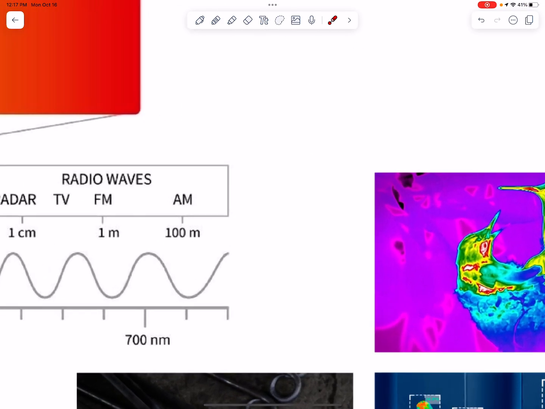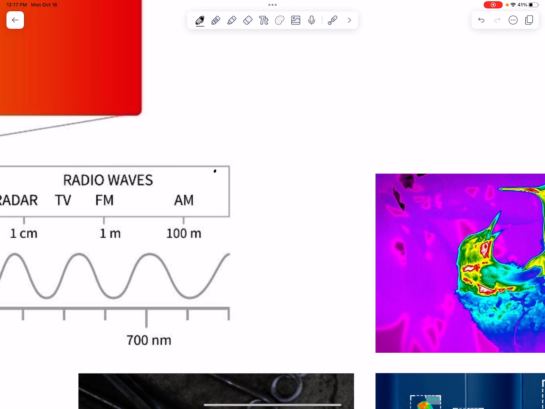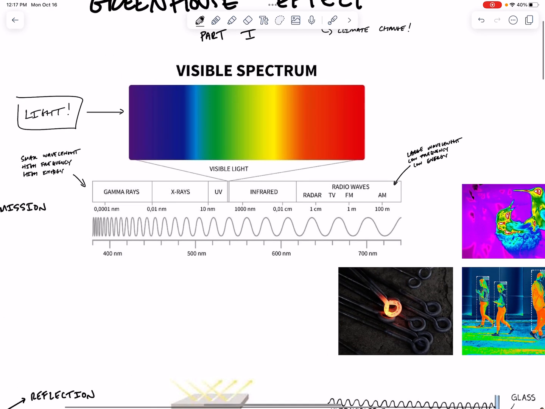Now, if we go down to the other end of the spectrum, we see that here we have large wavelength, low frequency, and low energy light on this end of the spectrum.